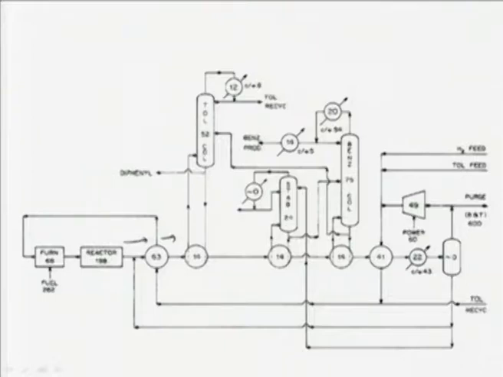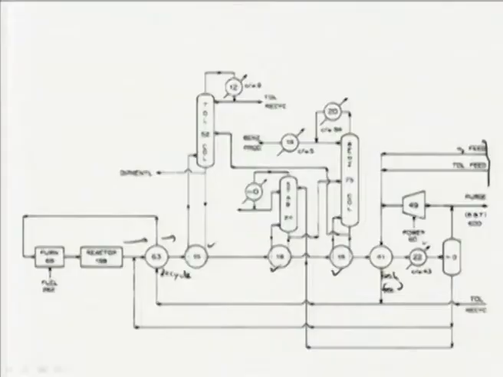This is the recycle toluene, then the reboiler of the toluene column, the reboiler of the stabilizer column, the reboiler of the benzene column. Then it was also giving heat to the fresh feed that is coming in, this hydrogen and toluene fresh feed, and finally whatever heat was remaining was removed through a condenser, and then the reactor effluent was flashed to bring down the temperature so as to have a phase split.